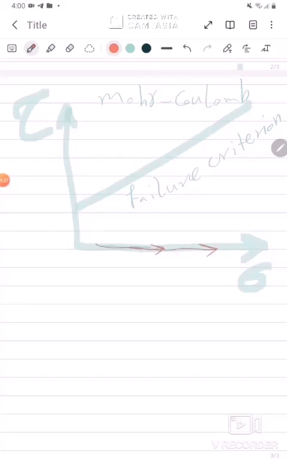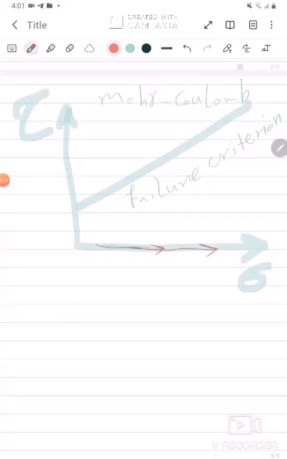So if we increase the stress, we don't reach the failure criterion, and there is no failure in this material. It means that if we have a very large stress, we won't reach the failure criterion, and this is not real and not compatible with reality.